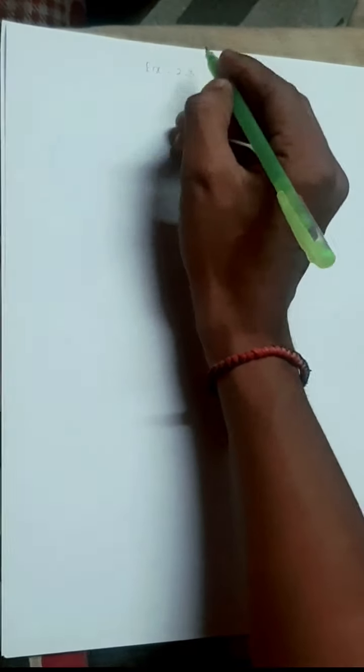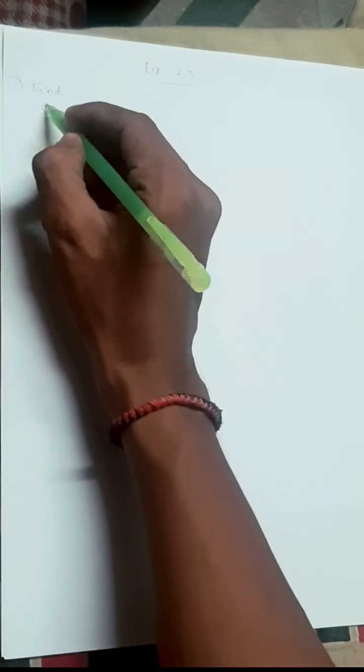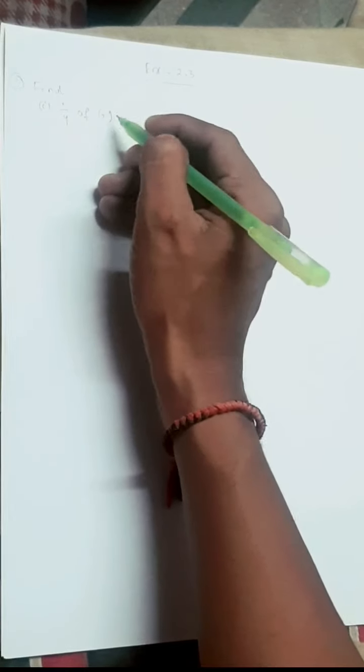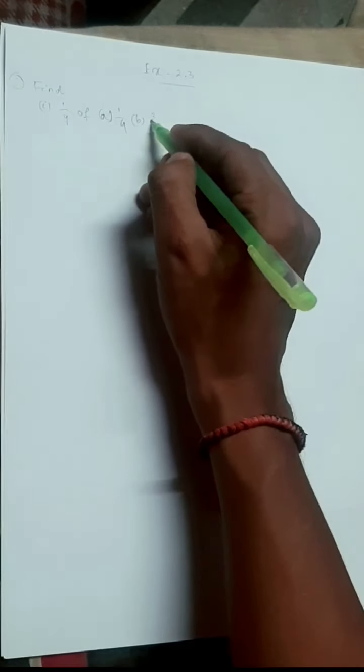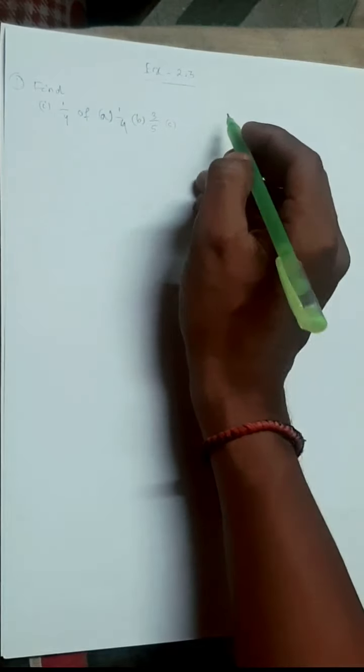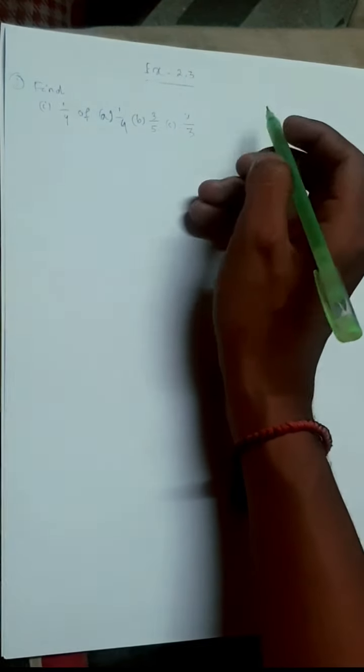Exercise 2.3. Question number 1: find. First part: 1 by 4 of (A) 1 by 4, (B) 3 by 5, (C) 4 by 3.